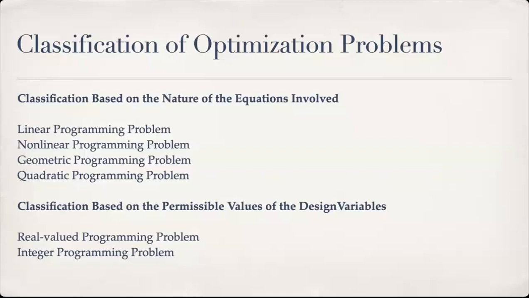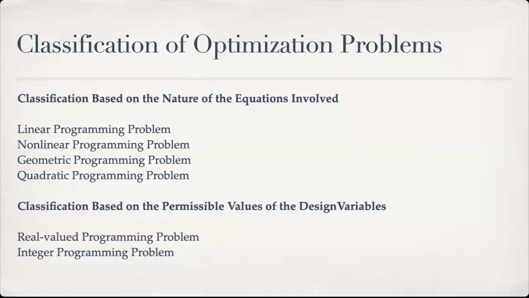Of course, if your objective function is not linear or constraints are not linear, the problem becomes a nonlinear programming problem, okay. Either way we have geometric programming problems or quadratic programming problems. For example, in a quadratic programming problem, the objective function is a quadratic function, but the constraint is a convex function, something like that. We will talk about this later, okay.